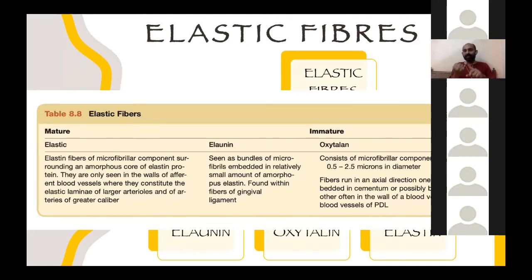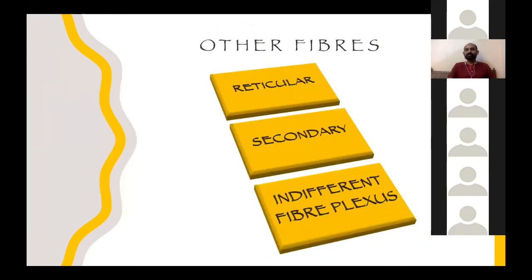Collagen, which is the primary one, grouped into different groups, hence called principal fibers, grouped into 5 different groups. Number 2, the Sharpey's fibers. Number 3, the intermediate plexus. Number 4, the elastic fibers, which are of 3 types: elastic, elaunin, and oxytalan. And number 5, the other group of fibers, which are the reticular, the secondary, and the indifferent plexus.